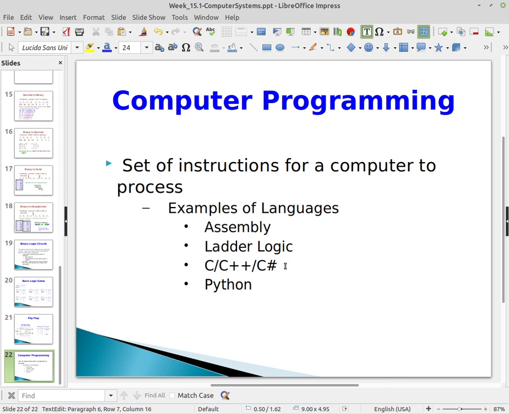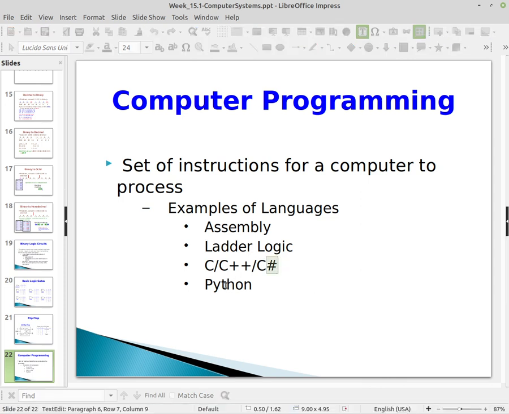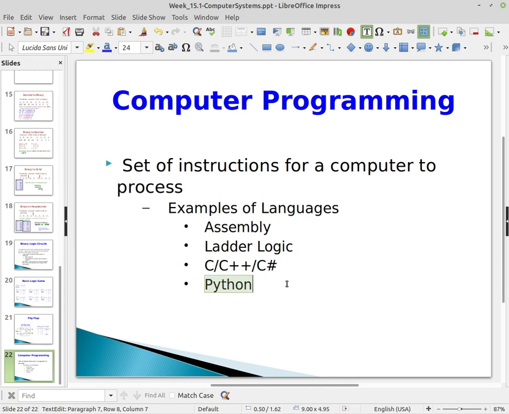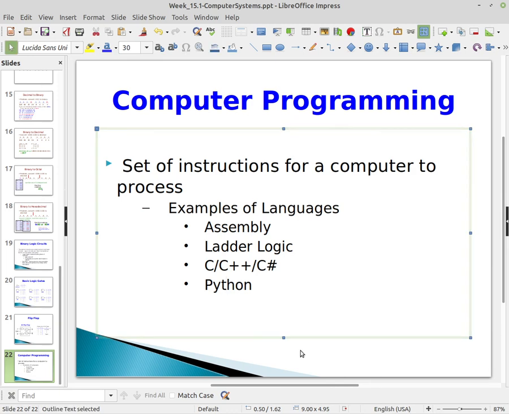If you put two pluses right below the first two, it almost looks like a number sign or a sharp sign, so they call it C sharp. And then another language which has gotten very popular is called Python. These are just some very common programming languages that are available.